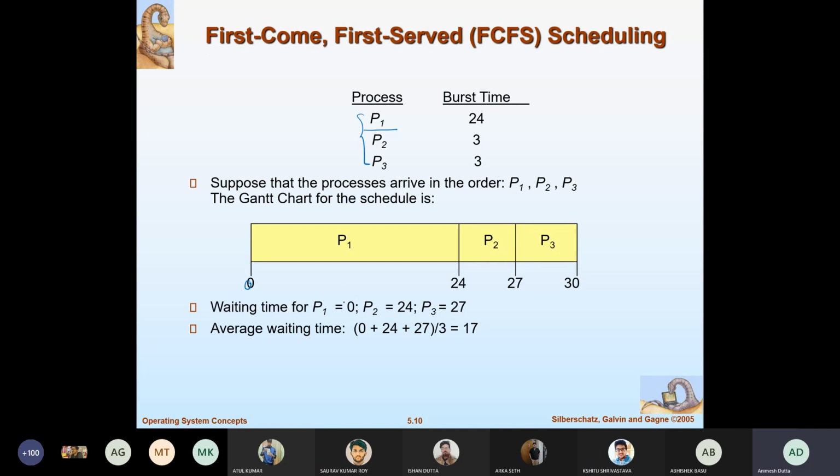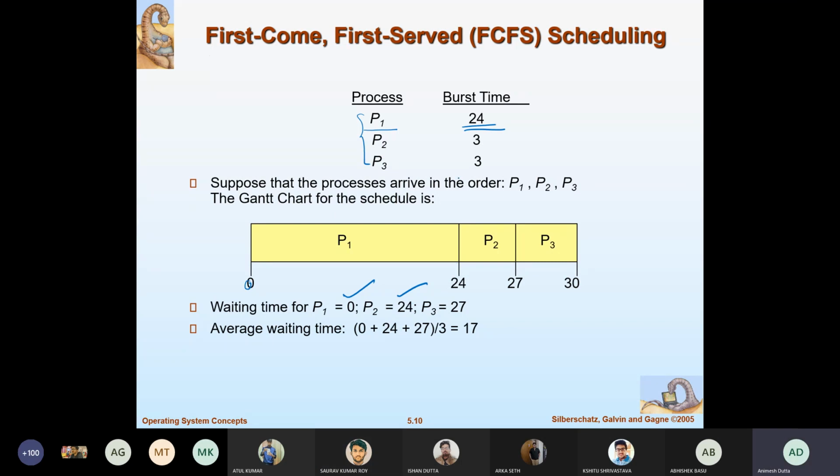So the waiting time for P1 is 0. What about P2? 24, because P2 also comes at the same time as P1, but P2 has to wait to get the CPU until P1 gets completed. So the waiting time of P2 is 24.